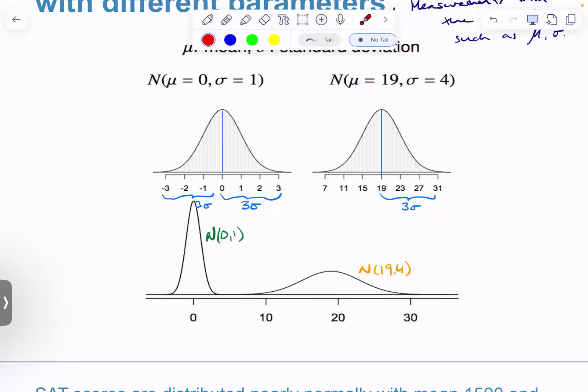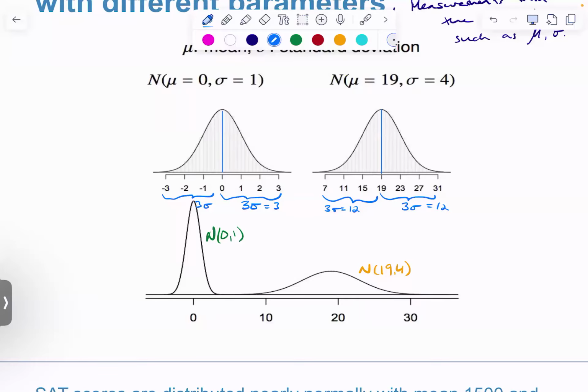Feeling good at 31 though. So 3 times 4 makes a distance of 12, up from 19 puts me at 31. This 3 sigma is a distance of 12, whereas this 3 sigma was just 3, so it had to cover a larger distance. Same thing in the other direction. 3 sigma equals 12.